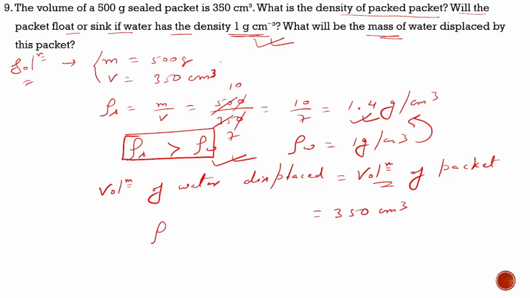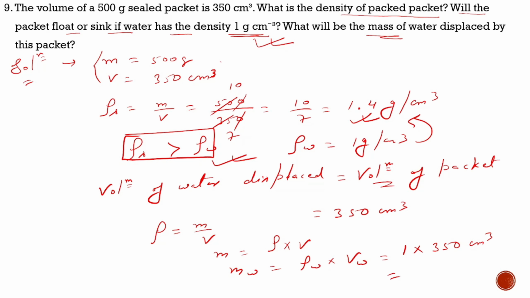And we also know density is equal to mass by volume, and mass will be equal to density into volume. So we have to find the mass of water: density of water multiplied by volume of water displaced. Density of water is given as 1 gram per centimeter cube, and volume of water displaced is 350 centimeter cube.